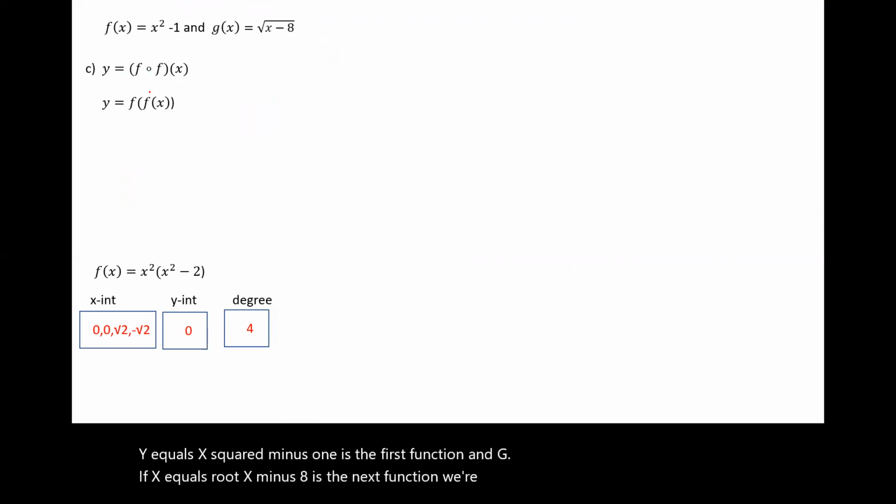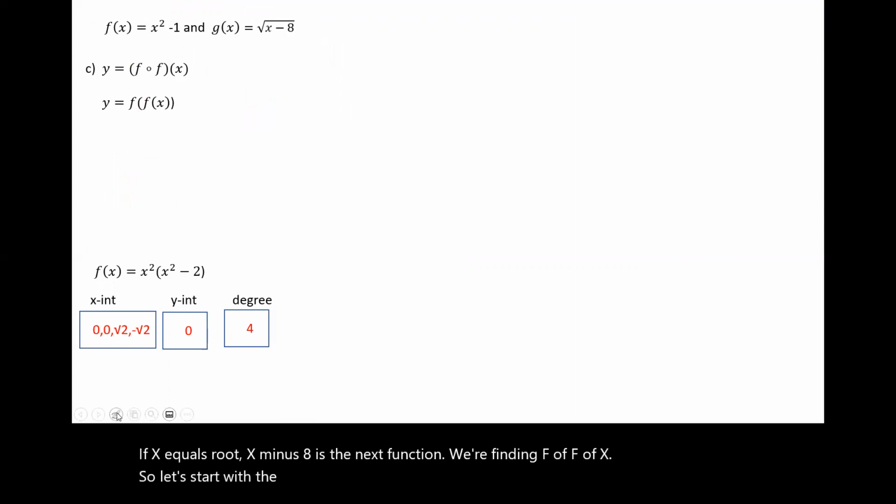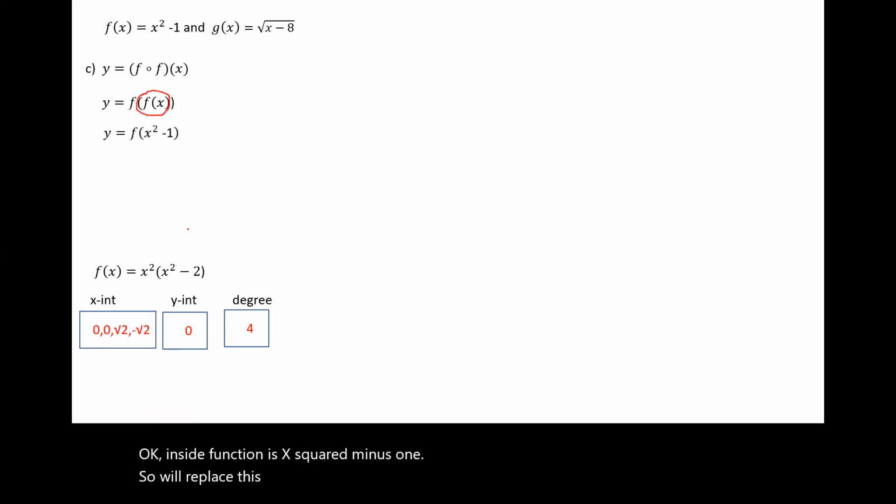So let's start with the inside function. Okay, the inside function is x squared minus 1. So we'll replace this with x squared minus 1. Now we're calculating f of x squared minus 1. So instead of x, we're putting in x squared minus 1.